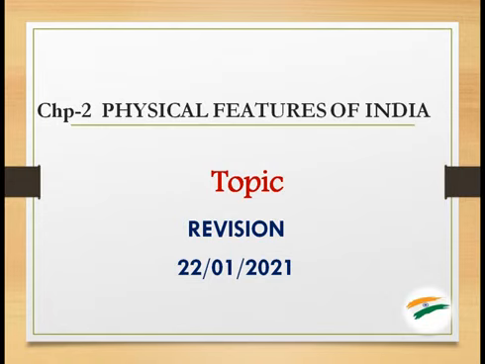In our chapter, we had seen the 6 physiographic divisions of India: Great Himalaya Mountain, Northern Plain, Peninsular Plateau, Thar Desert, Islands, Western Coastal Plains, Western Ghat, Eastern Ghat, and so on. Moving further to see the physiographic features and their question answers.